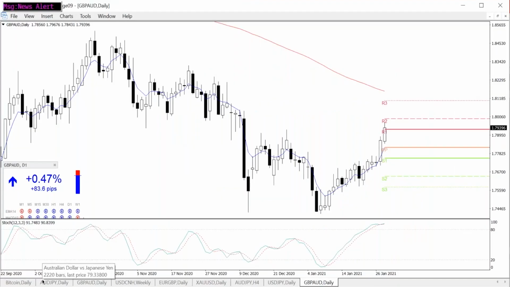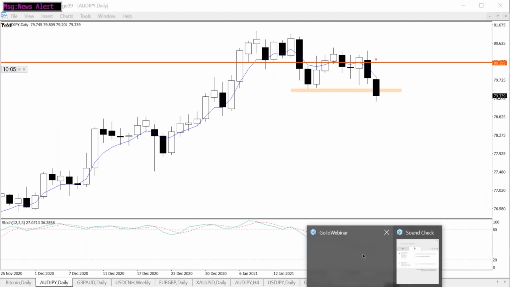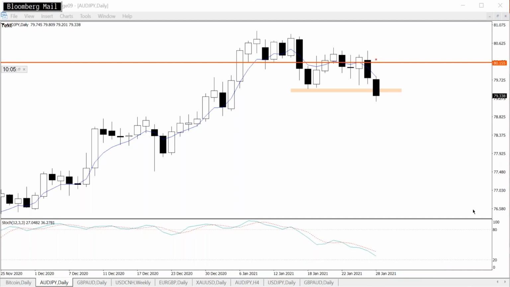I mean, if I bring up my chart of Aussie yen, hopefully you can see that's all come through. I just want to see the lag that's come through. Can everyone see my MT4 chart now that's come up? Or is there still a big delay coming through?